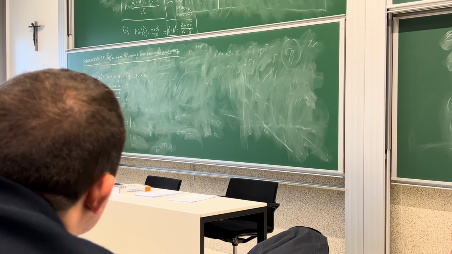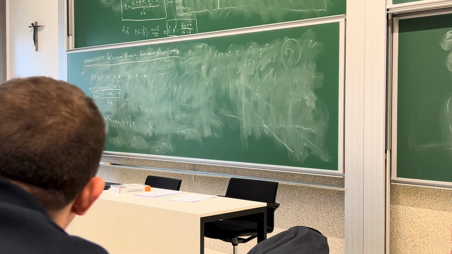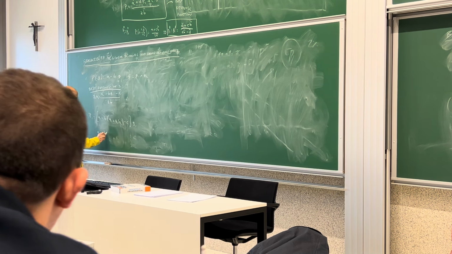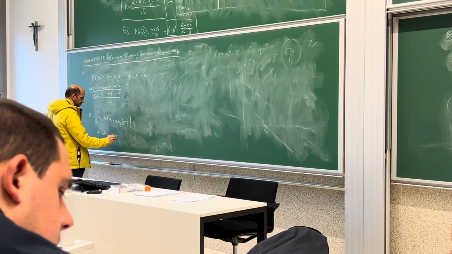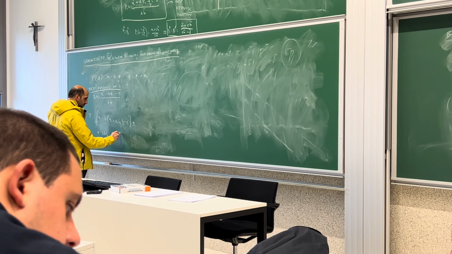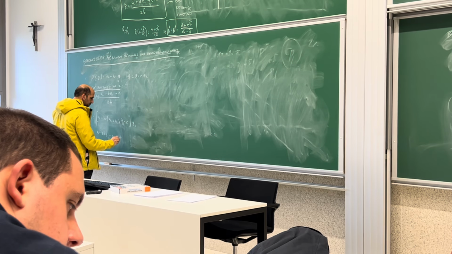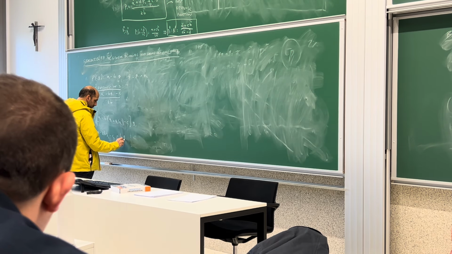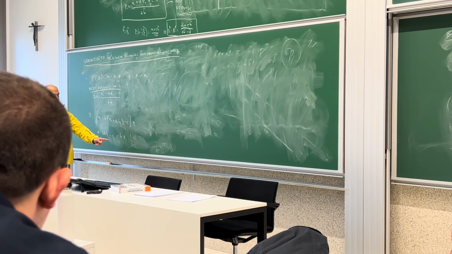So that's going to be A minus 2B Q1 minus C, minus B times Q2. That's the old one, right? That's what we had before.